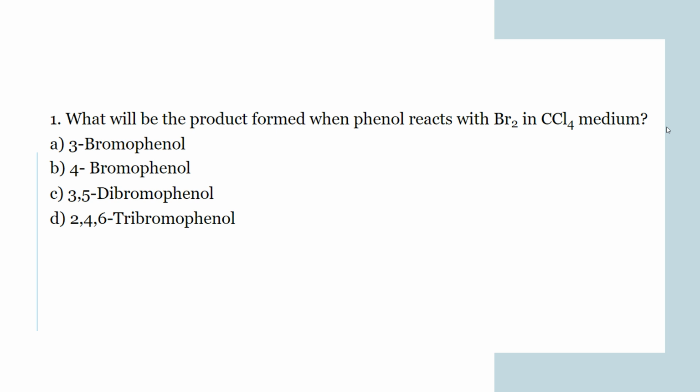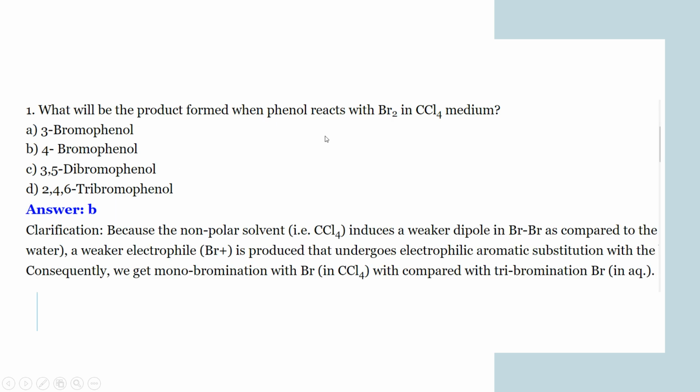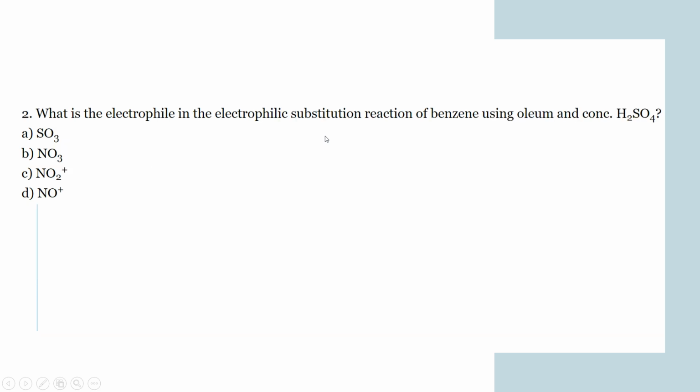We talked about how a very weak bromine electrophile is generated in this non-polar solvent, and only monobromination was possible for phenol. So in this question answer B was the correct answer.